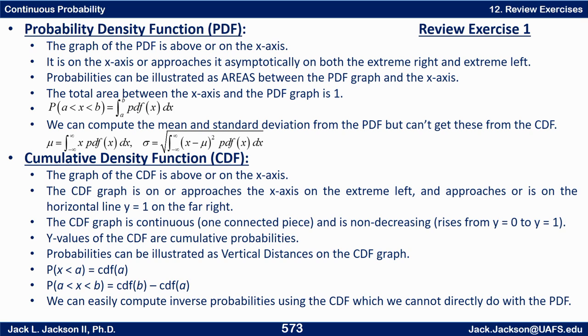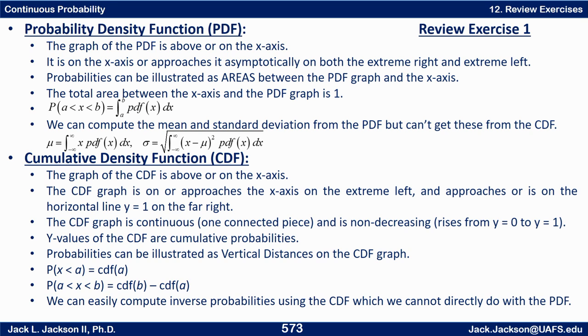But we can also compute inverse probabilities using the CDF, which we cannot directly do with the PDF graph or formula. The way to do inverse probabilities is you take the CDF of a as the probability to the left, substitute in the known value for the left side of this equation, and then solve for a.